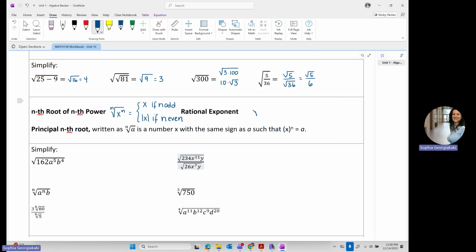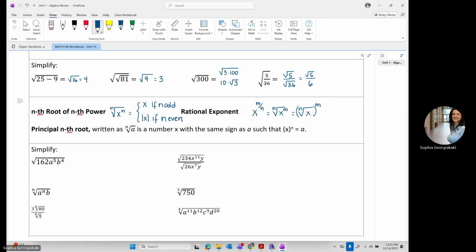So x to the m divided by n will be the nth root of x to the m, and the m can either go as an exponent of x, or if I'm doing calculations, sometimes it's easier to calculate the nth root of x and then raise that to a power.